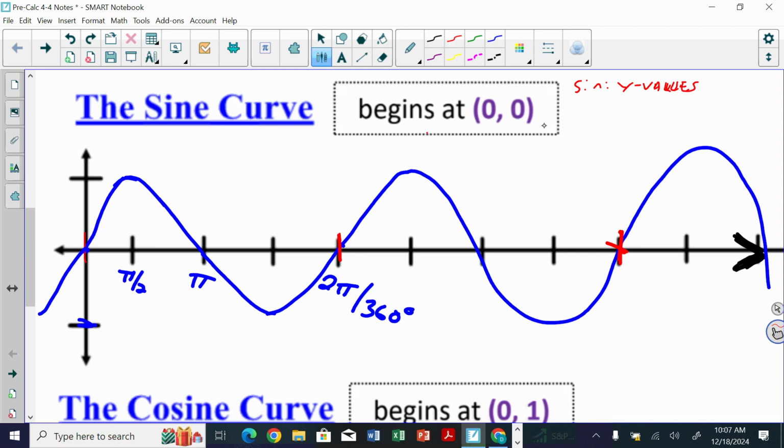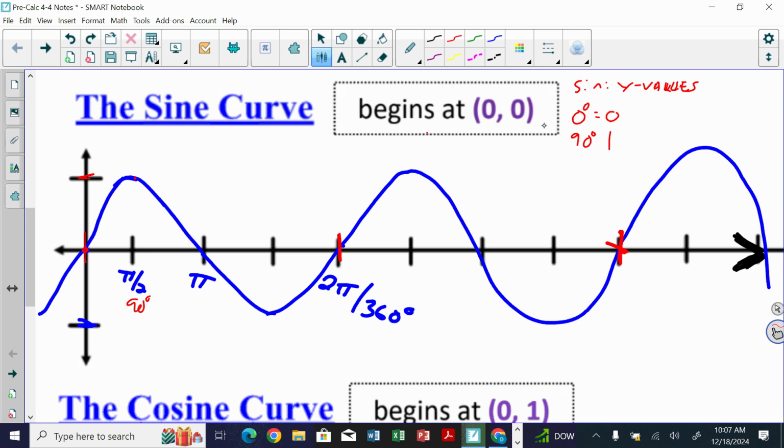right? So let's think about where you're at y value here. Well, when you start out, you're at 0. So at 0 degrees, you're at 0. And then as you go up, right, this is pi over 2, which is also 90 degrees. So at 90 degrees, you're basically at 1, right? You're going to be up here at 1, okay?